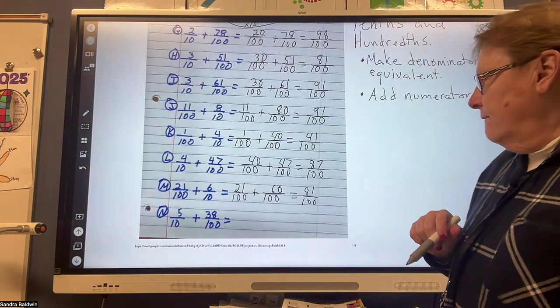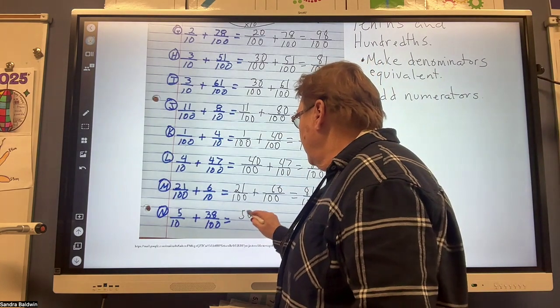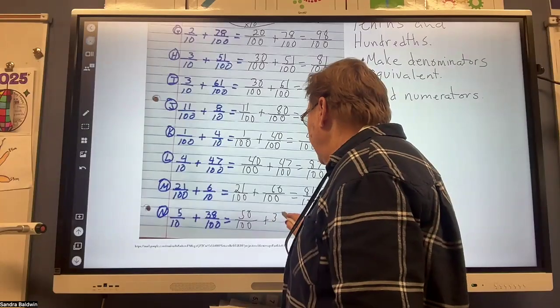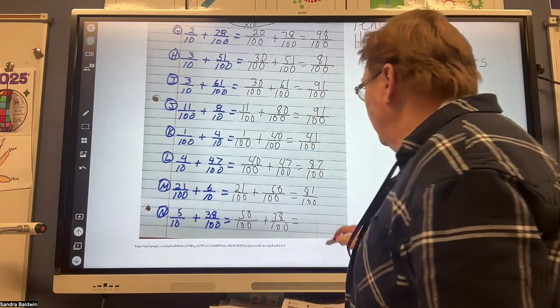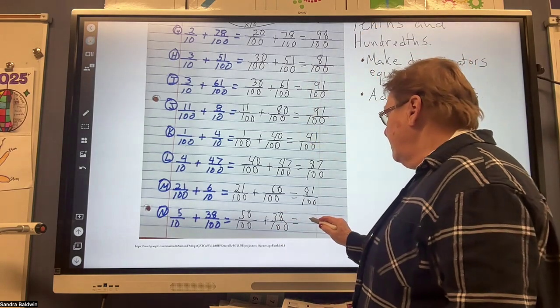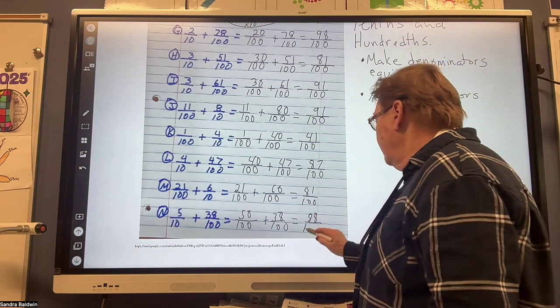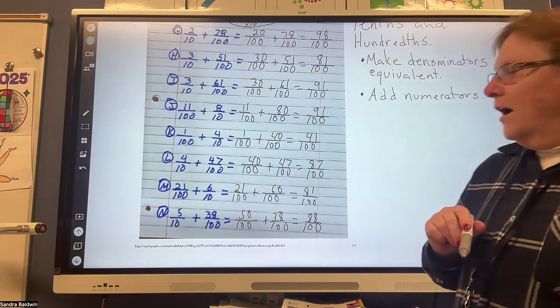Problem N, 5 tenths. The equivalent would be 50 over 100 plus 38 over 100 equals 88 over 100. Okay. I hope that helped.